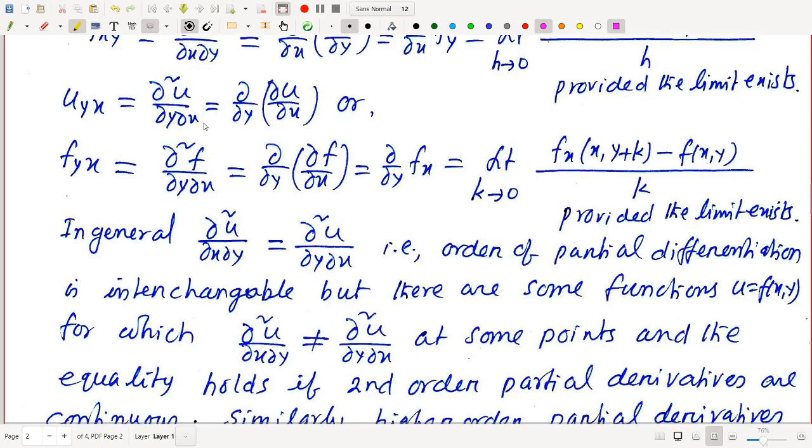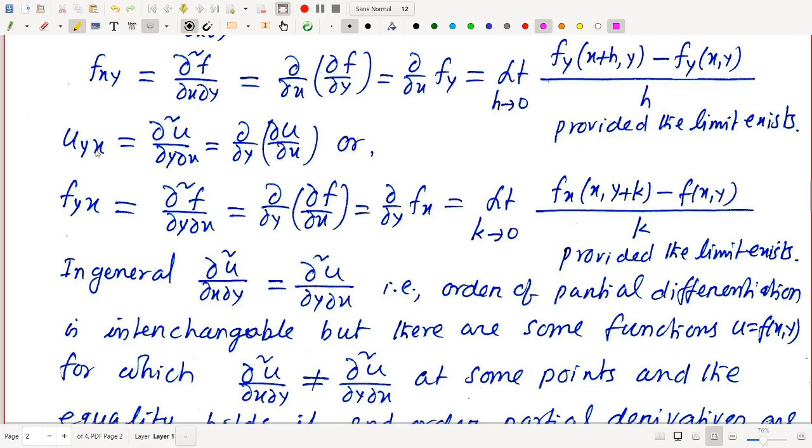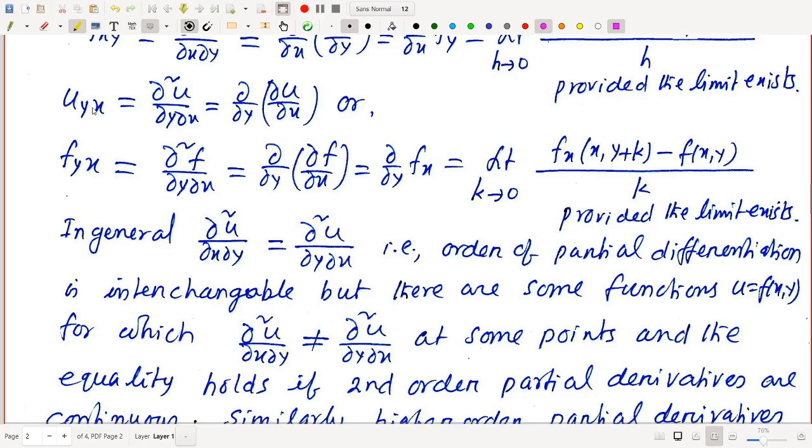Okay. Similarly, u suffix yx, with the order changed, is del square u by del y del x, which is del y of del u by del x. With f notation it is f suffix yx, del square f by del y del x. It is del y of del f by del x, meaning del y of f suffix x, the partial derivative with respect to y of the partial derivative with respect to x function. So it is limit k tends to 0, because it is del by del y and the function is f suffix x.